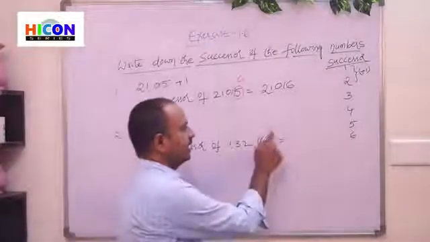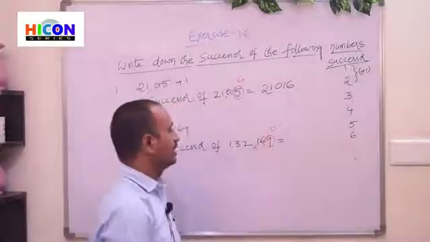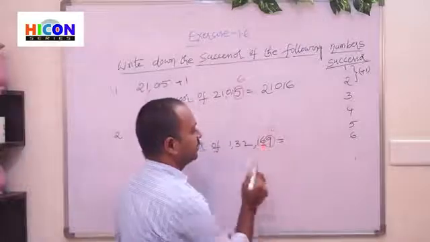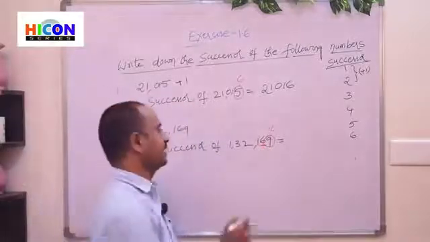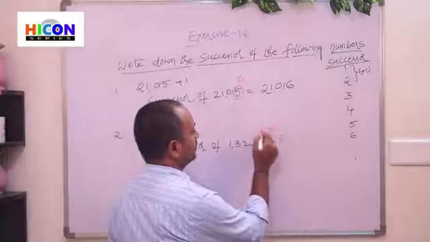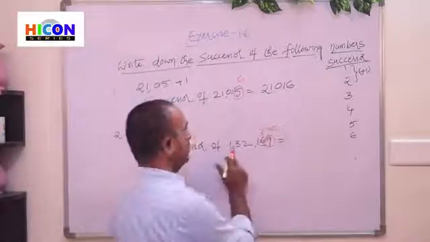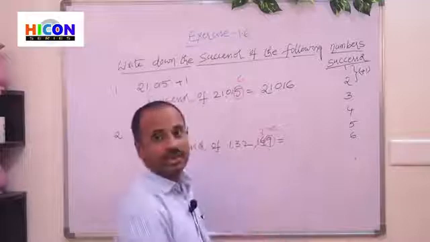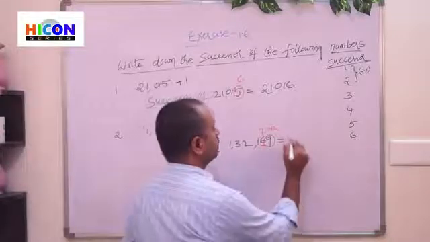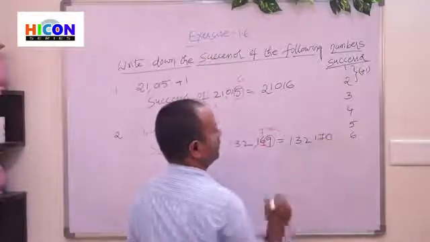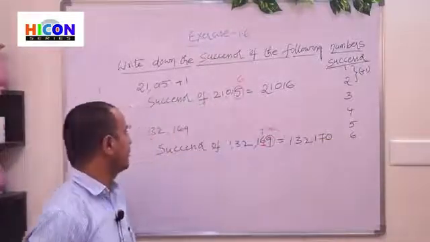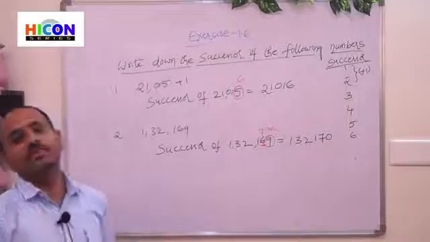So increase the digit in the tens place. Here the digit present in the tens place is 6. Then it becomes 7. So the number becomes 1,32,170. So children, this is the way to write the successor of the given number.